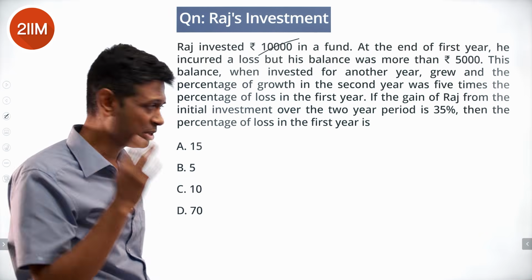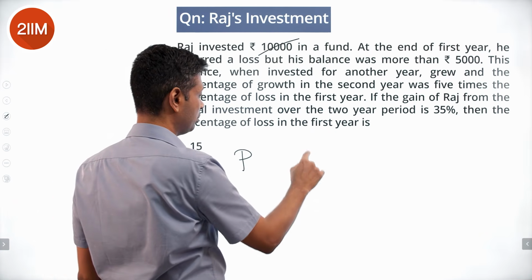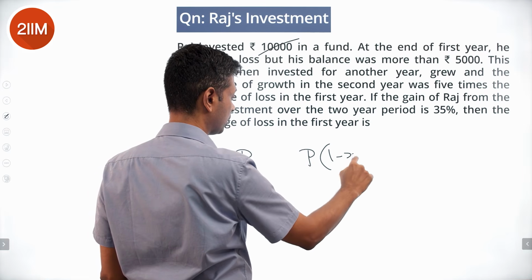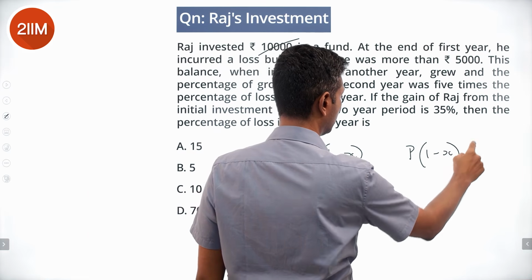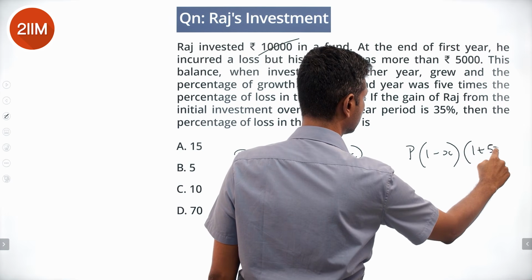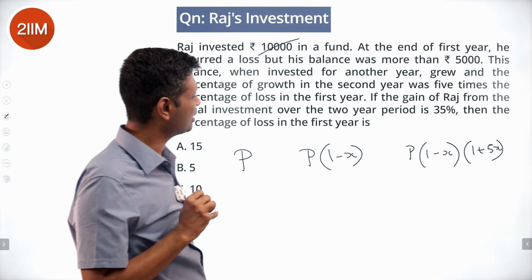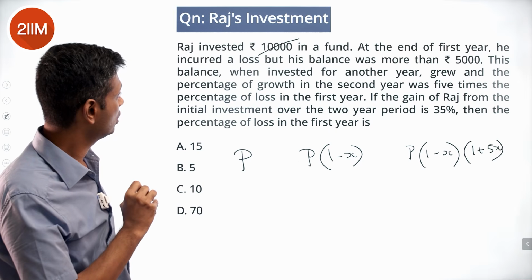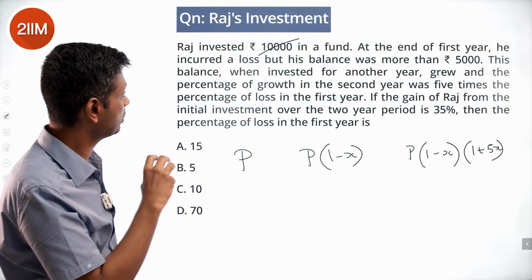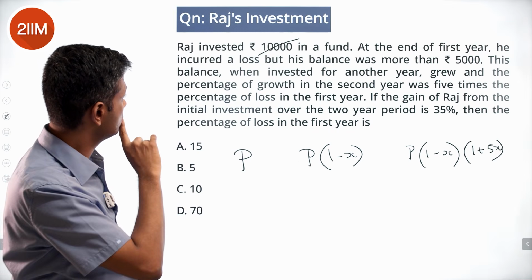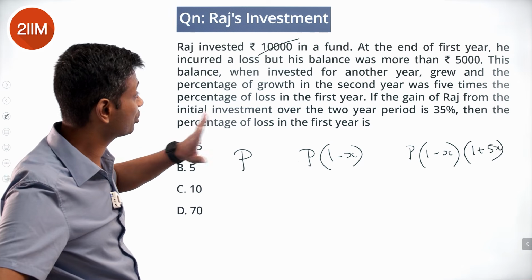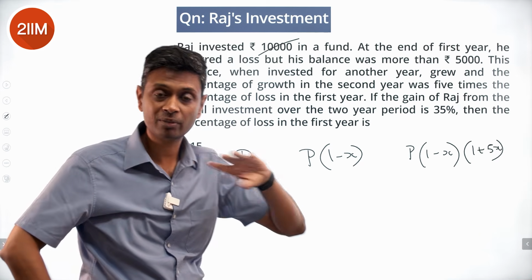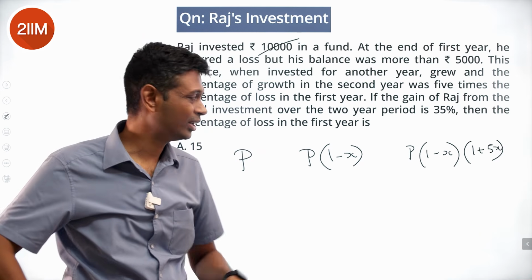Beautiful. We don't need this number. He invested some P. It became P into 1 minus x, and then it became P into 1 minus x into 1 plus 5x. First year, he incurred a loss of some amount. The percentage growth in the second year was 5 times the percentage of loss in the first year. Percentage loss, I'm calling it as x.